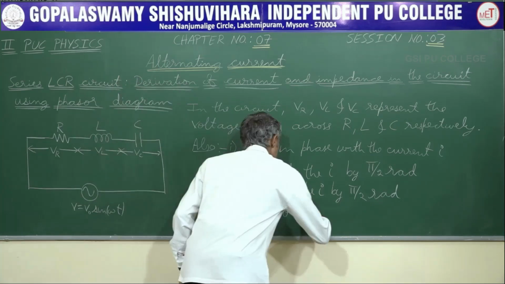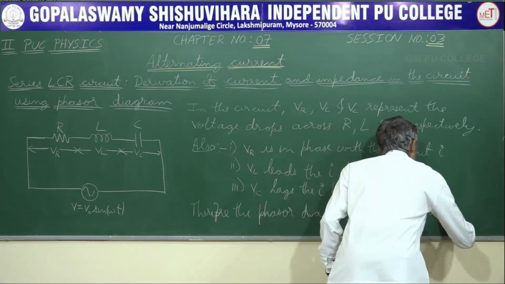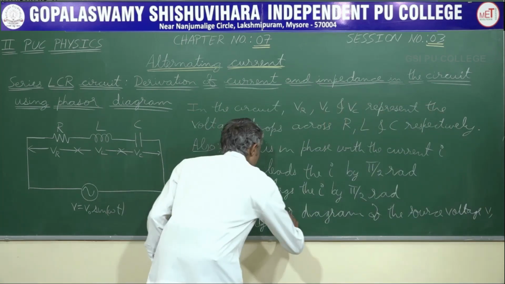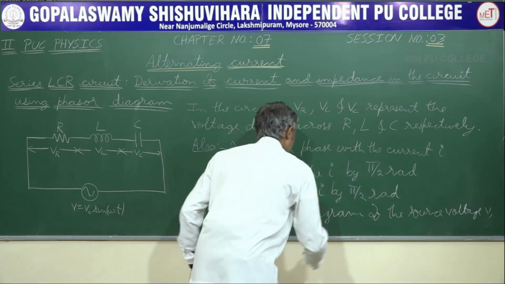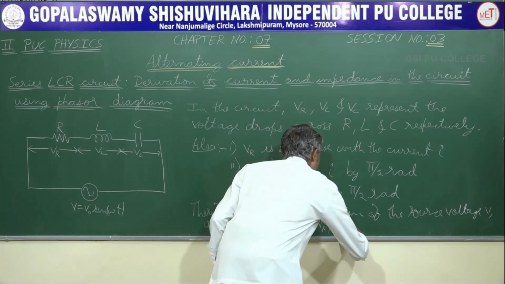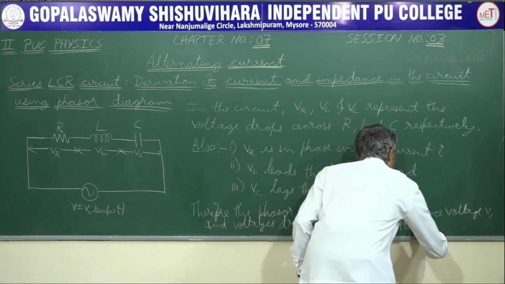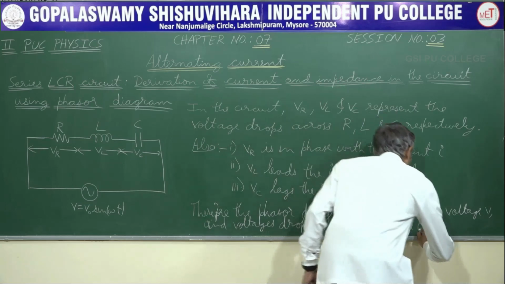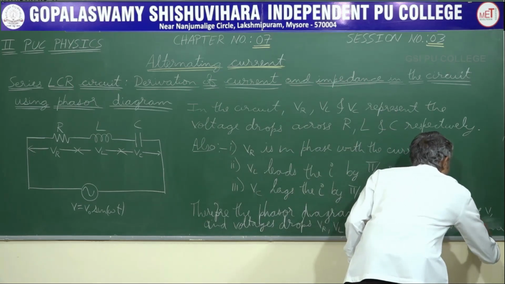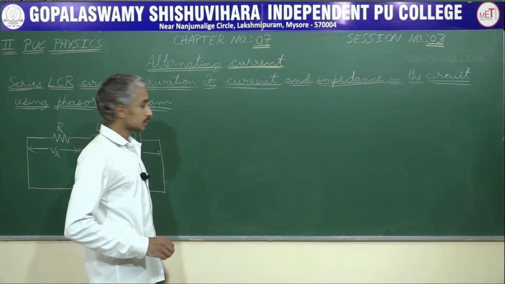Therefore, the phasor diagram of the source voltage V and voltage drops VR, VL, VC and the circuit current I is going to be. So now how do we draw the phasor diagram?